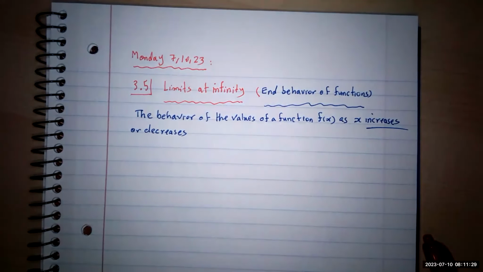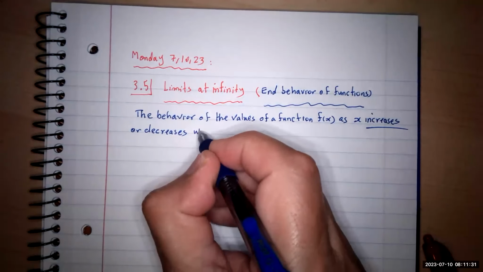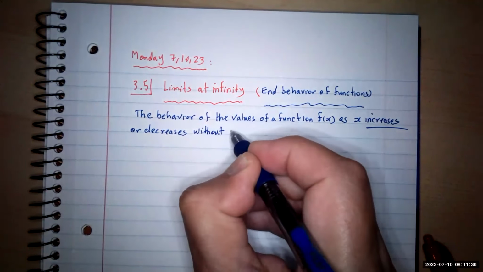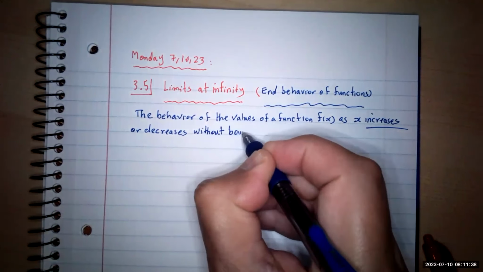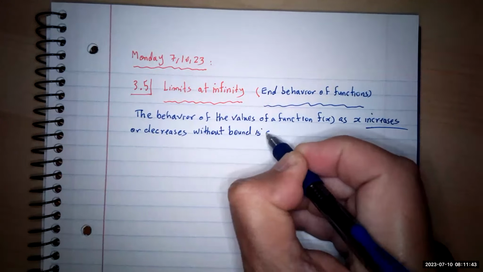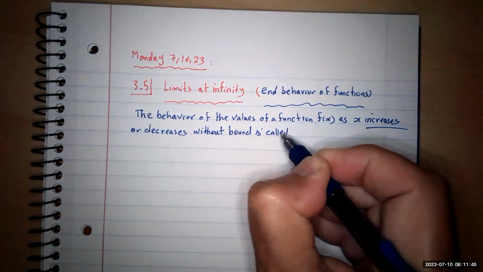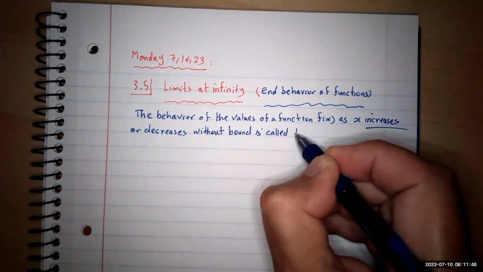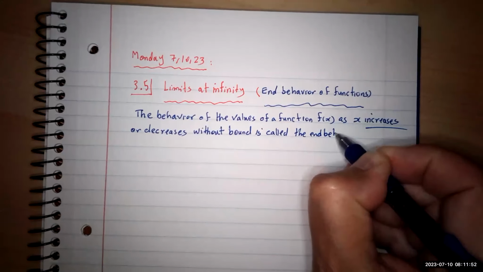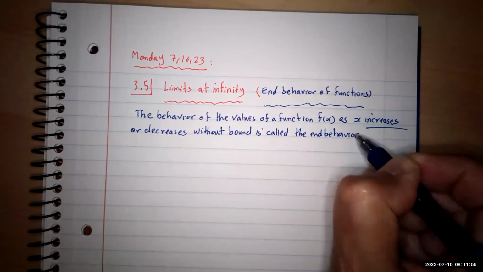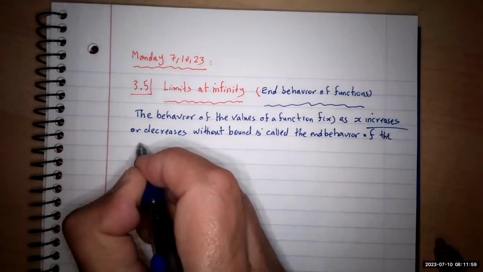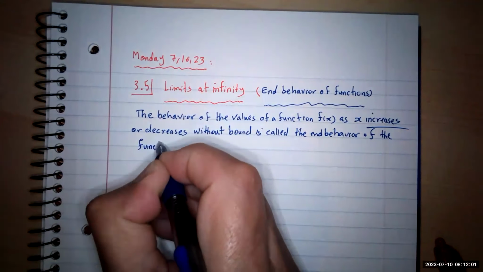Increases or decreases without bound means goes to infinity. Without the bound, that would be easier to remember and understand. This is going to be called its end behavior, the end behavior of the function.